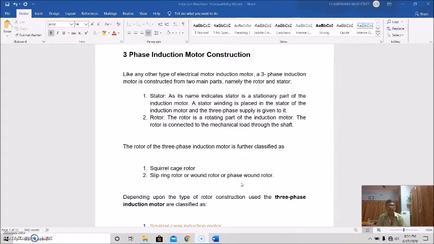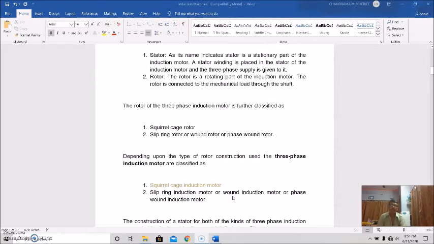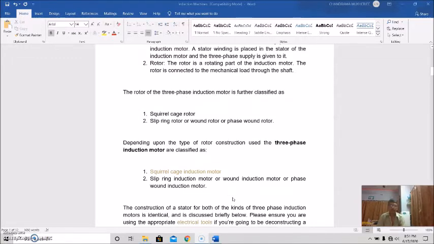Depending upon the construction of the rotor, three-phase induction motors are classified as either squirrel cage induction motor or slip ring induction motor, also called wound induction motor or phase wound induction motor.